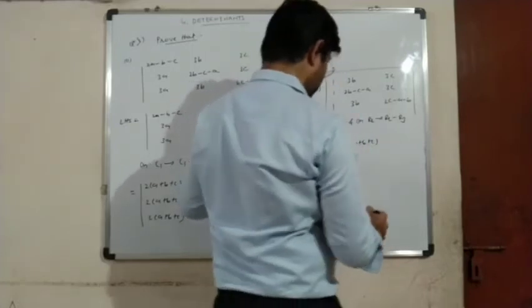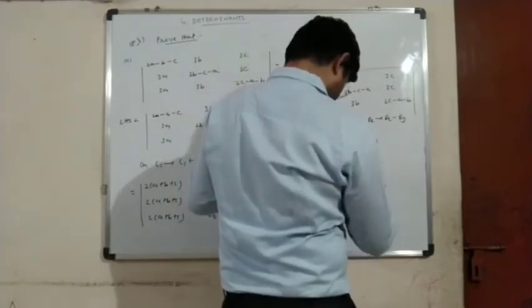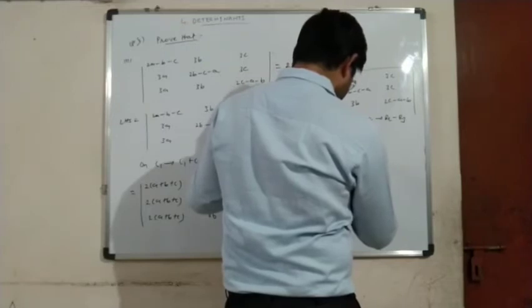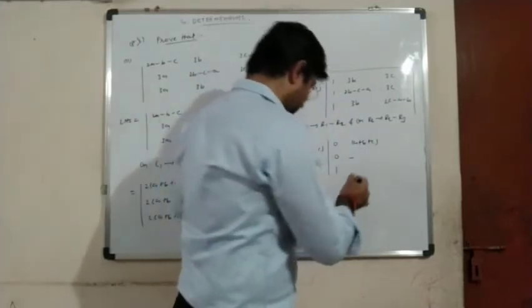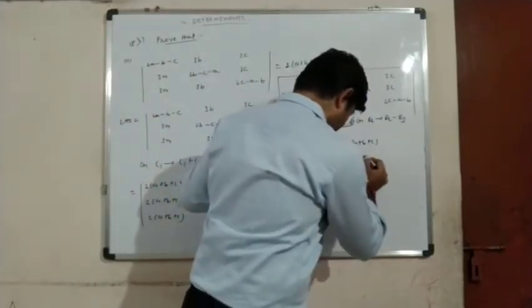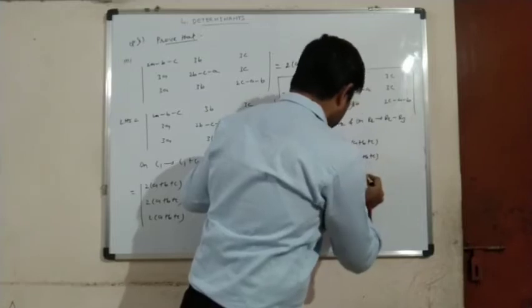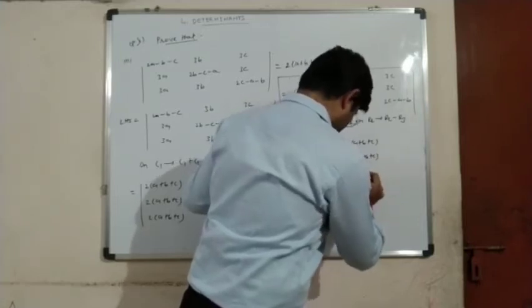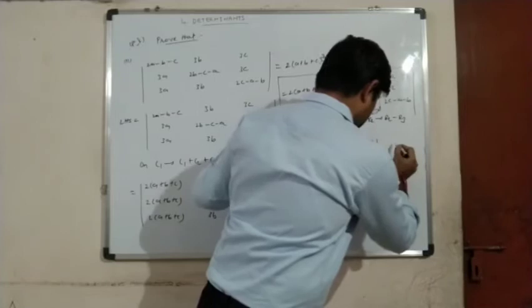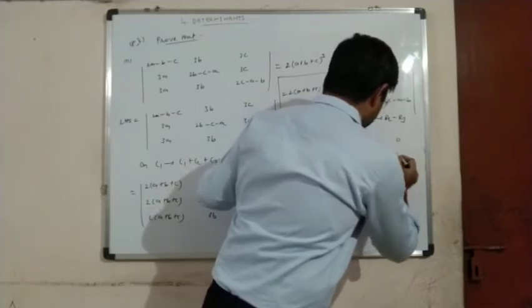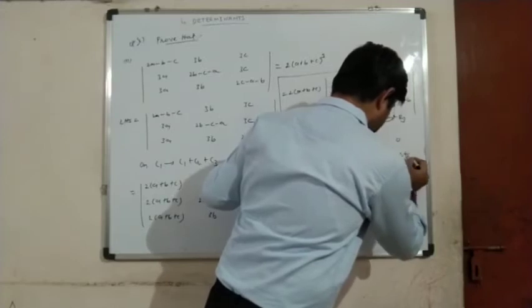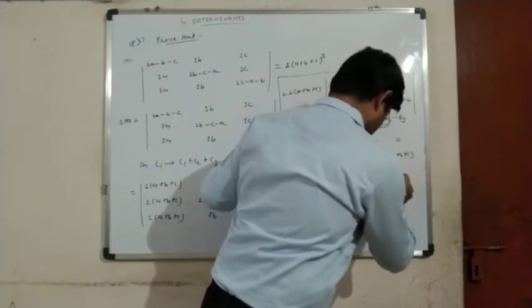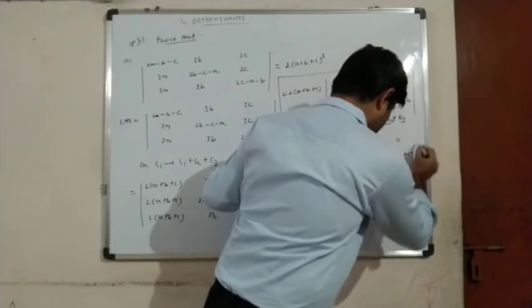Again 2b. Okay, the first term will be plus only, a plus b plus c. Second term will be minus (a plus b plus c), and the third will remain 3b only. Okay, here 3c minus 3c is 0, 3c. Okay, here a plus b plus c, and 2c minus a minus b.